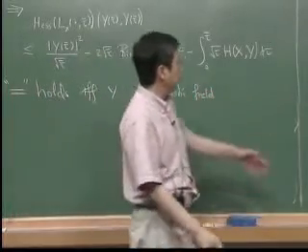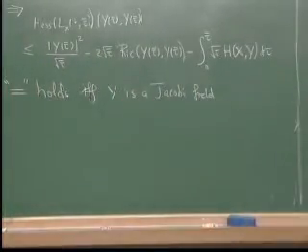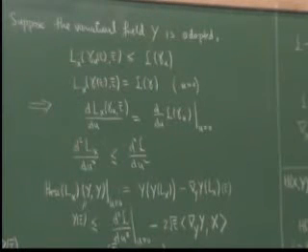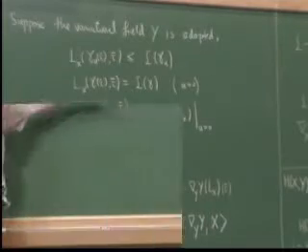Because at that time, if equality holds, at least this family of curves has length the same as the distance. So y is an adapted field and a Jacobi field.